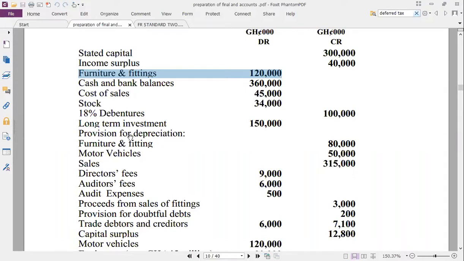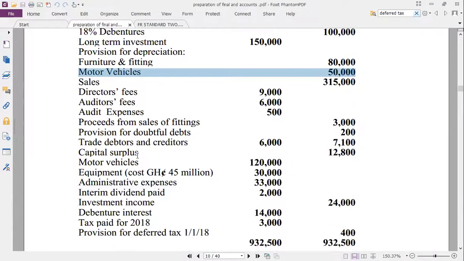Now let's go to the next asset. I have motor vehicles. The motor vehicles are 120,000. The 50,000 is the provision for depreciation, that's accumulated depreciation.